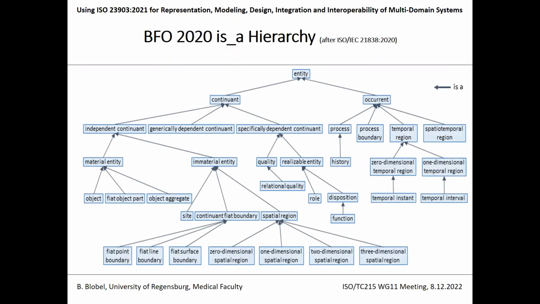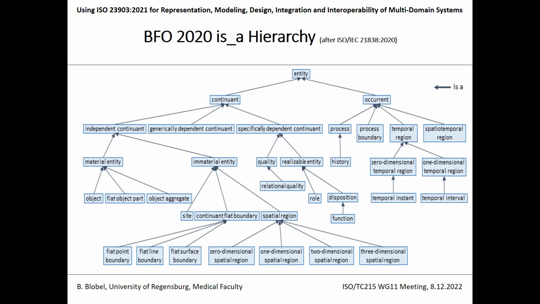Yesterday I was asked at CEN, if we don't have ontologies so far for a specific problem or project, how can we perform? I said, then we can borrow from the top level ontology, because this defines the basic elements of each ontology, gene ontology, social ontologies, ethical ontologies, whatever. We always have an entity. This entity could be a continuant entity, that means it is permanently present, static, or an occurrent, that means it is changing.